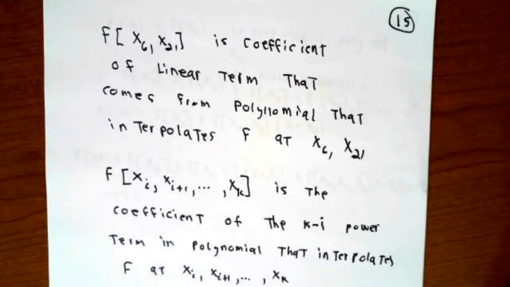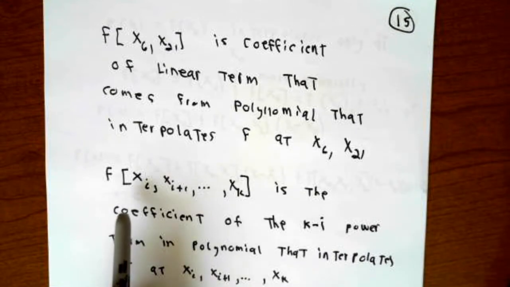Likewise, f bracket x6 comma x21 is the coefficient of the linear term that comes from the polynomial of degree no more than 1 that interpolates f at the 2 points x6 and x21.